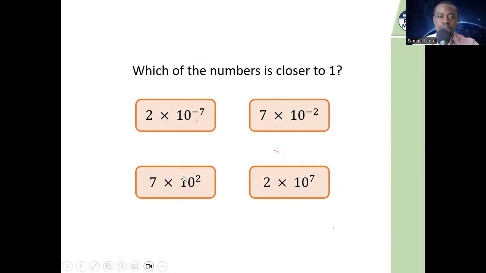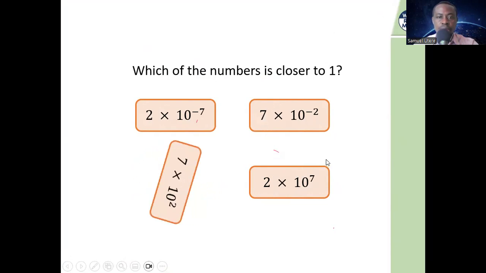Here you can see that number is 700, and here that number is a lot larger than 700. So those numbers wouldn't be closer to 1 than these numbers. So we can cross them out.